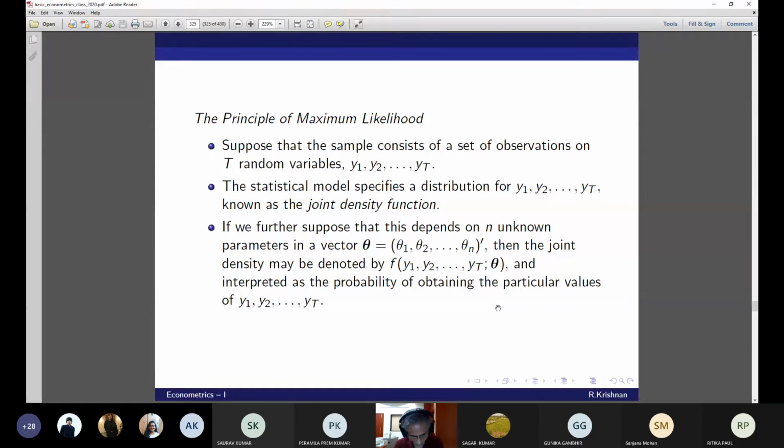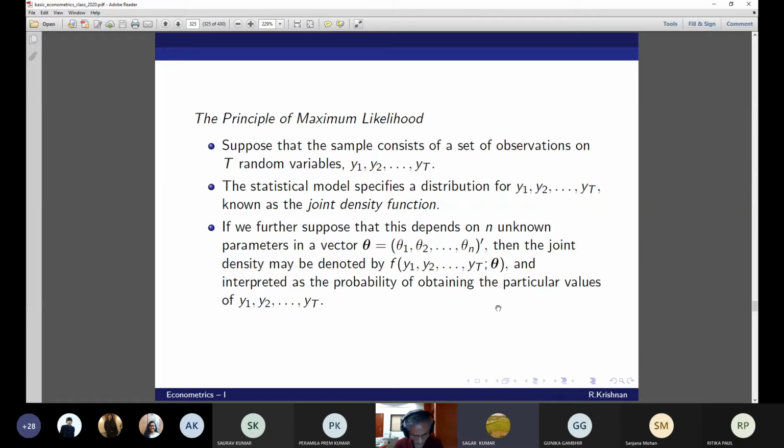So our condition is this. I have drawn a sample now. You have a sample now. What is that set of parameter values that must have given rise to this particular sample? This particular sample means y1 to yT.